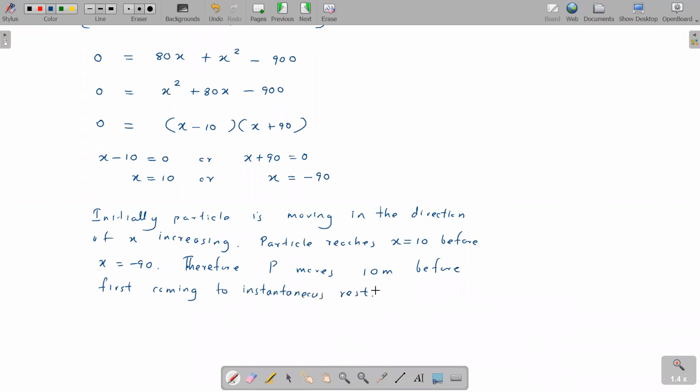You have to give some kind of an explanation here. The displacement minus 90 is also a possible value, but because of the direction the particle is initially moving, it reaches the 10 meter displacement first before reaching the minus 90 displacement. Therefore, the first time it comes to instantaneous rest is at 10 meters. Okay.